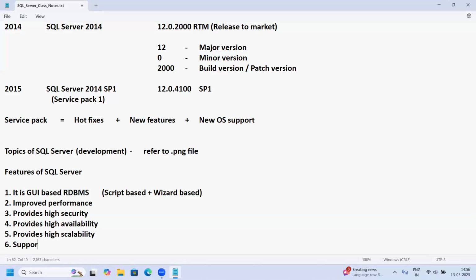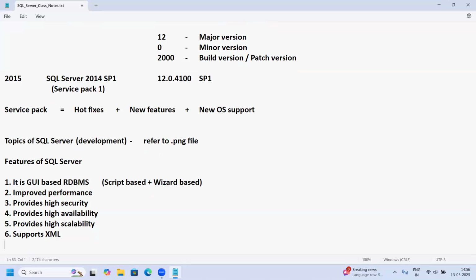Sixth, supports XML. General features I'm talking about. They are not related to any specific version of SQL Server. They are there right from the initial version till the latest one.